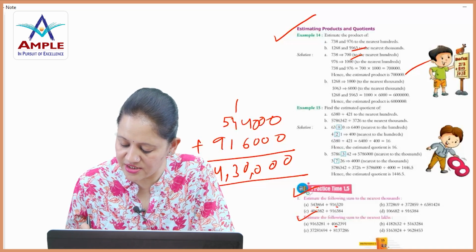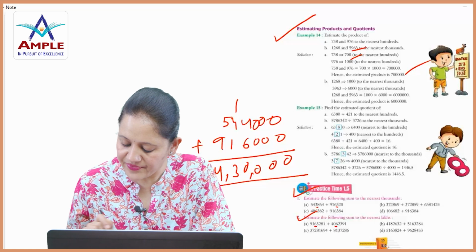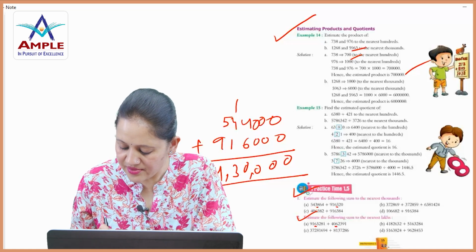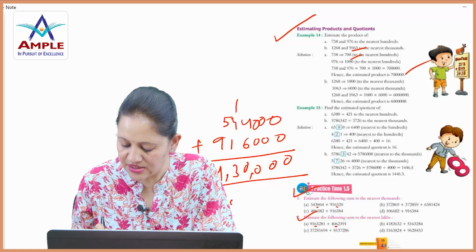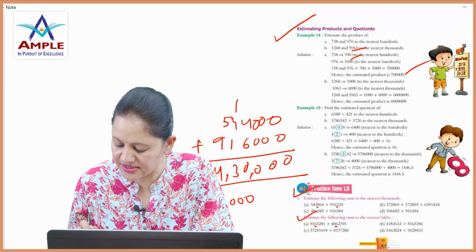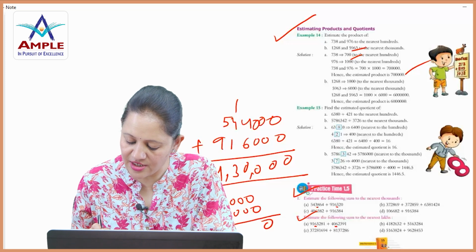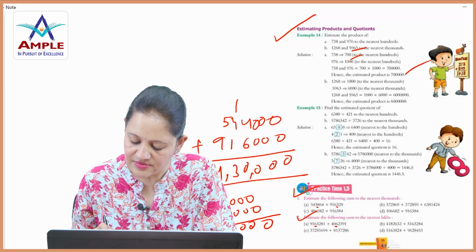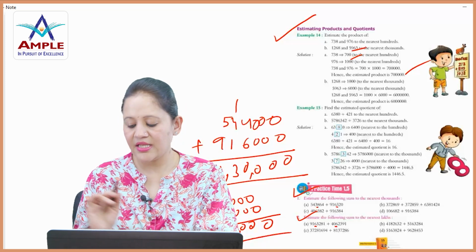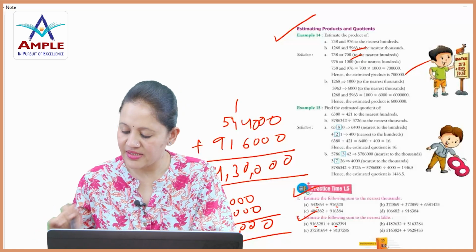So, plus that will be, now we'll add them together and find the sum. That is our estimated sum.